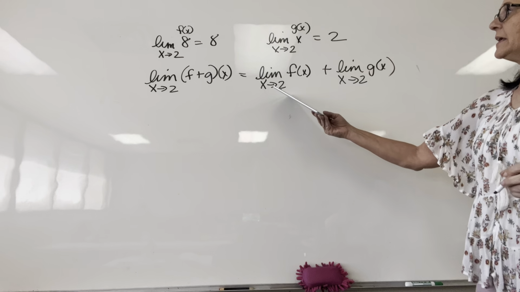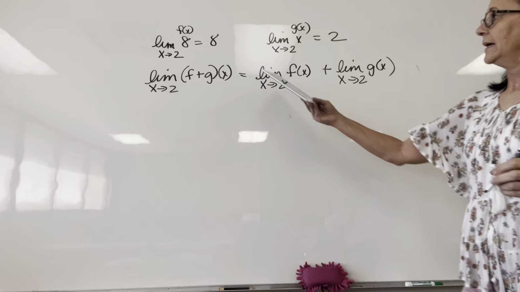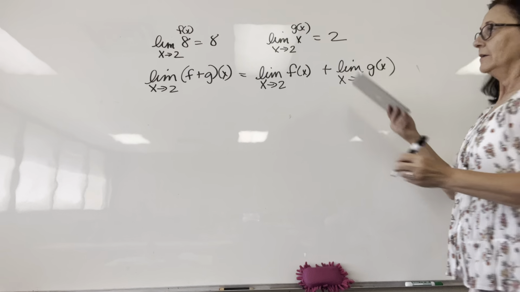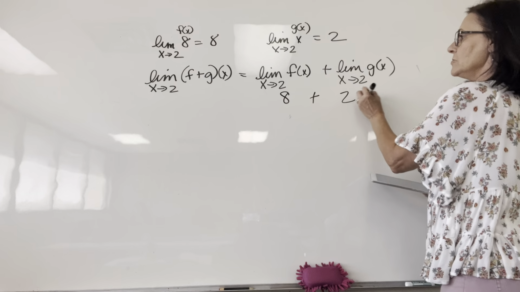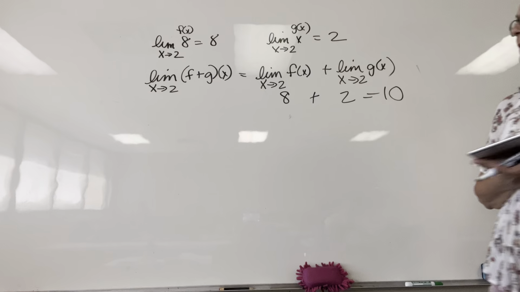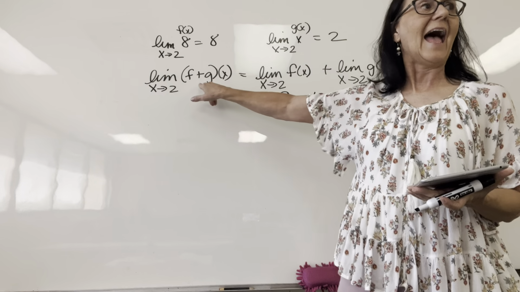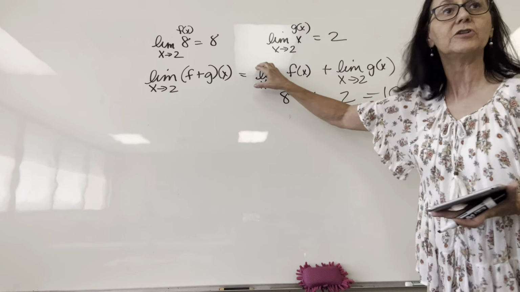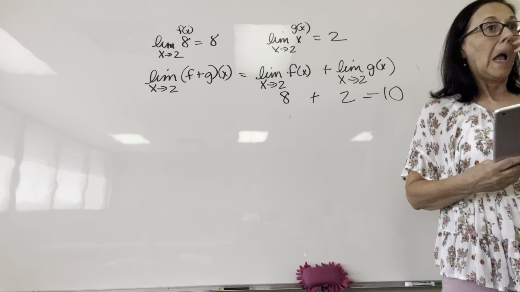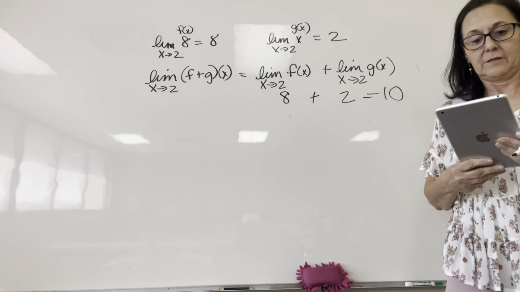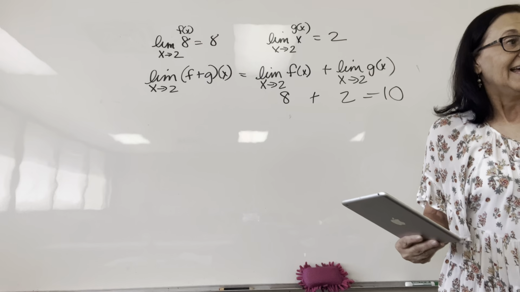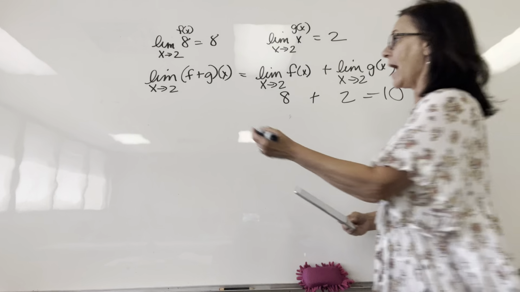All right, this limit is 8. This limit is 2. So it's 8 plus 2, or 10. You see that? The limit of functions added is the same as the individual limits added. I gave you the simplest functions, all right? The limit of them subtracted is just them subtracted.